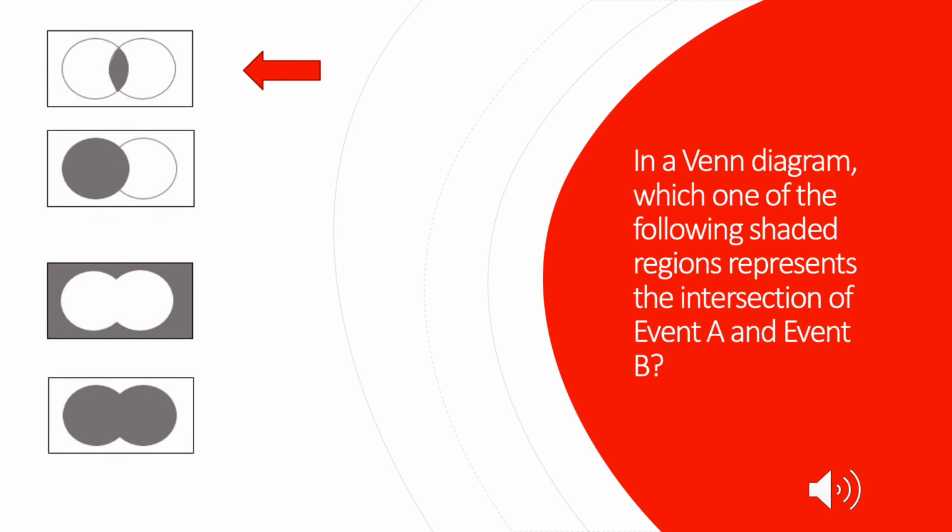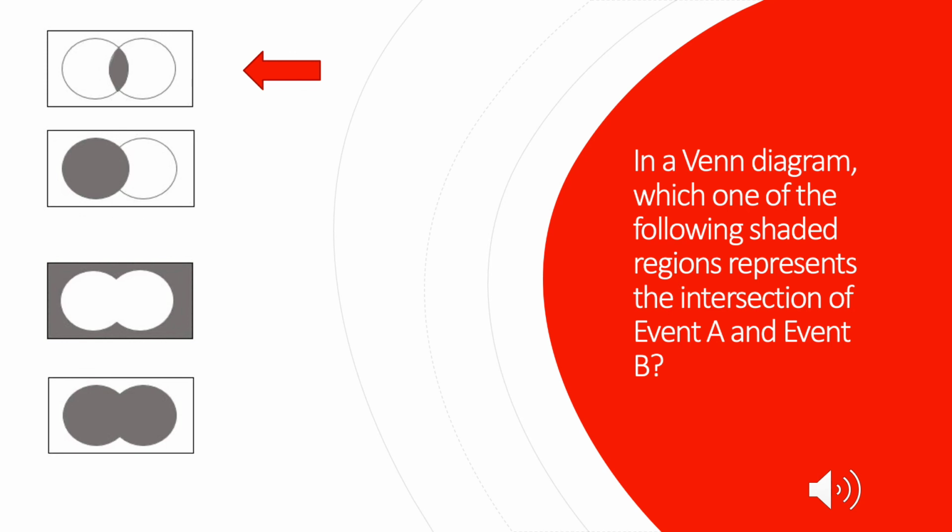And the very first choice is our correct choice because this shows the intersection, what's common between event A and event B. So each circle is going to represent one of the events. And in the first drawing, the middle part is shaded, which shows what's common between event A and event B. In the second choice, this would only be event A, only one circle shaded.